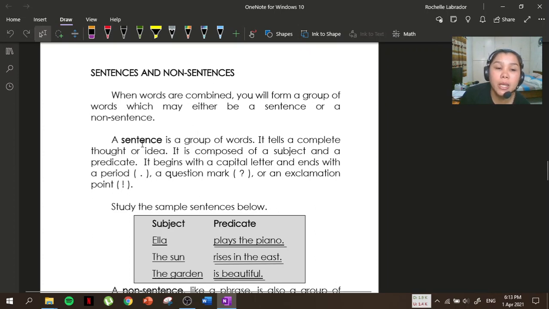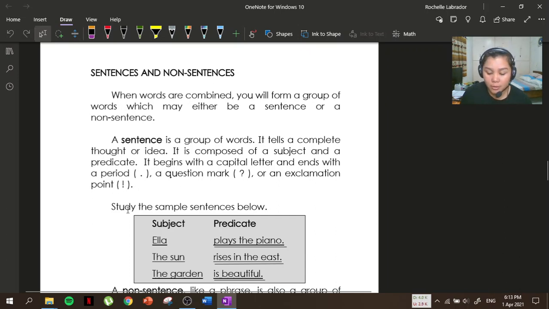So let's begin with sentence. How is it different? So a sentence is a group of words. It tells a complete thought or idea. It is composed of a subject and a predicate. It begins with a capital letter, so yung nabanggit ni teacher, and ends with a period or a question mark or an exclamation point. So ibig sabihin tapos na.